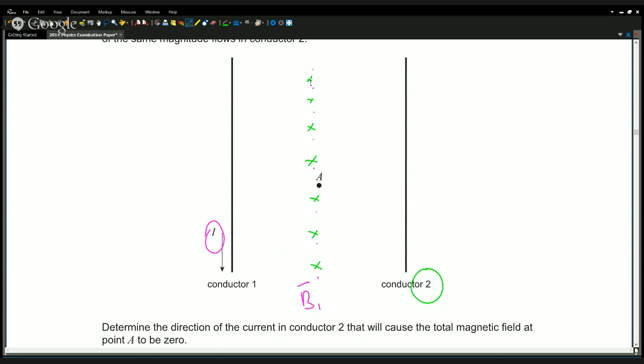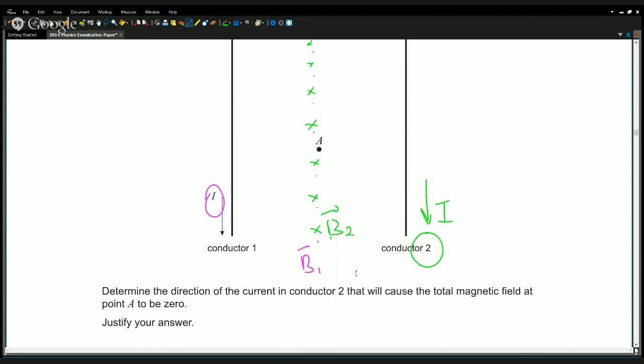Your fingers curl into the page in the middle, so your thumb will be pointed down. So the current is also down. Because it's positioned on the other side, you end up with the opposite direction of magnetic field strength. So that's B2.